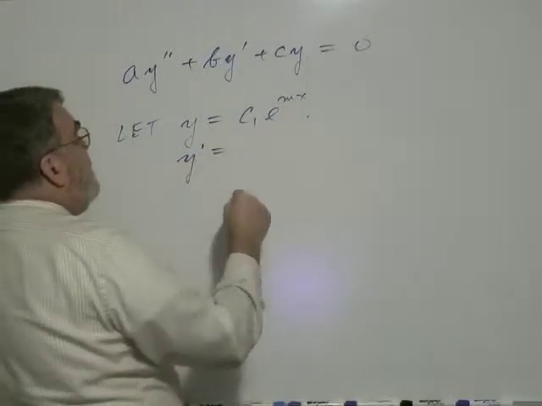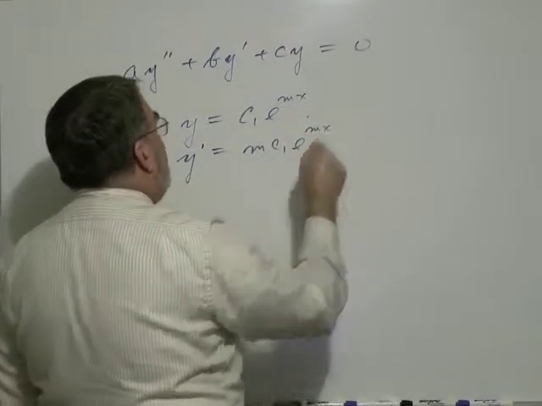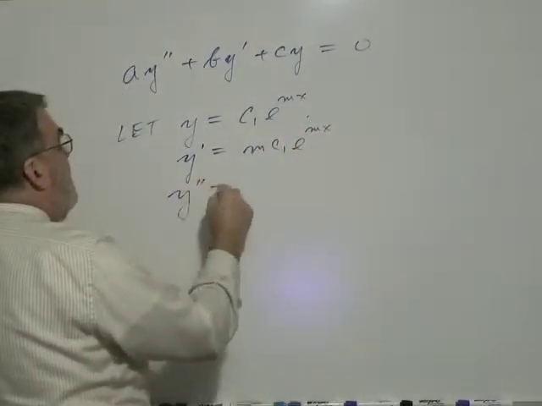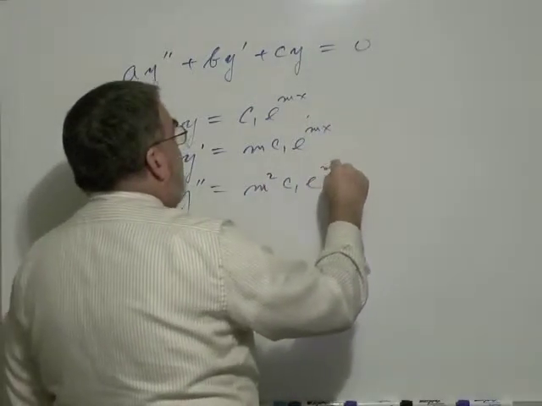So the first derivative would be m c1 e to the mx, and the second derivative would be m squared c1 e to the mx.